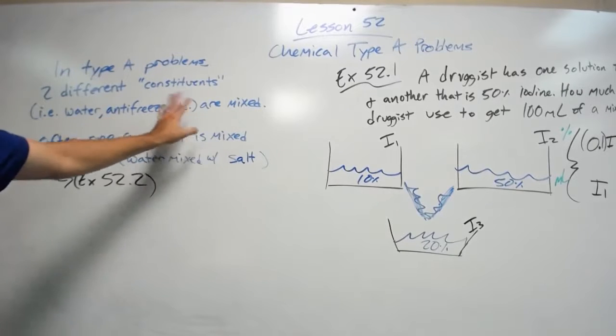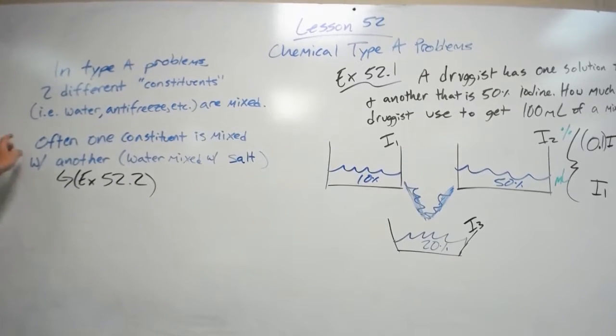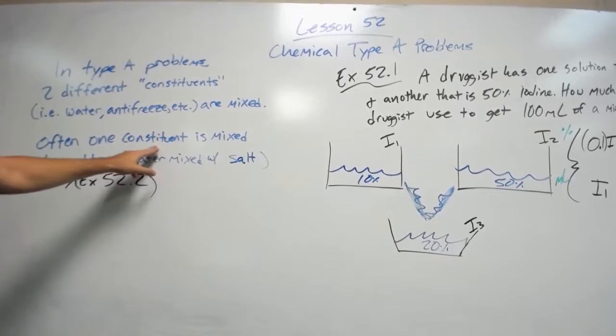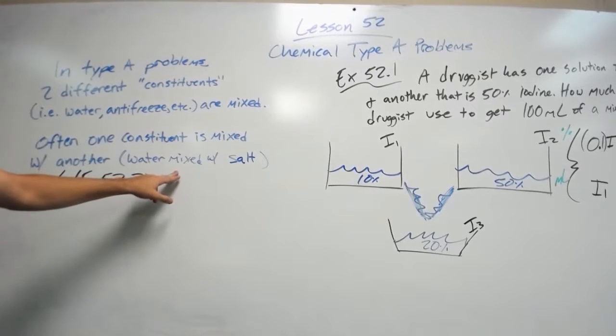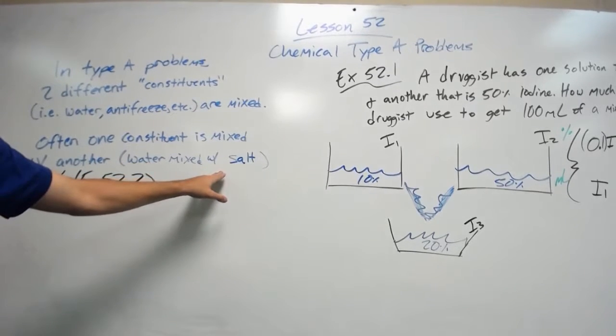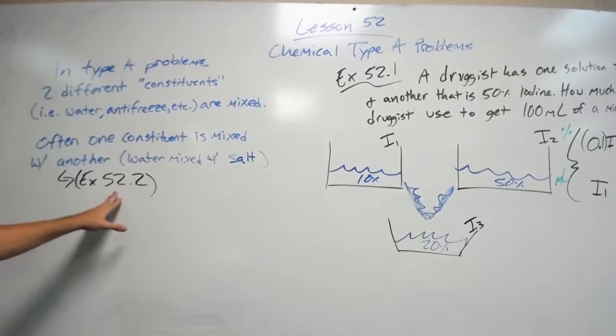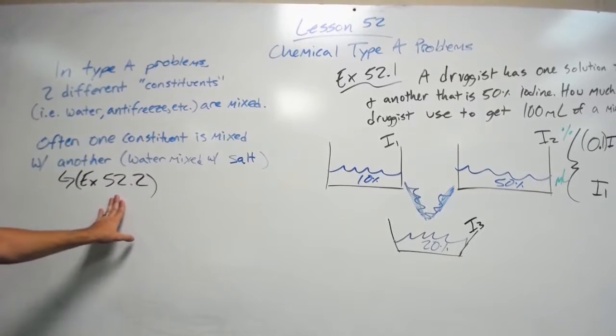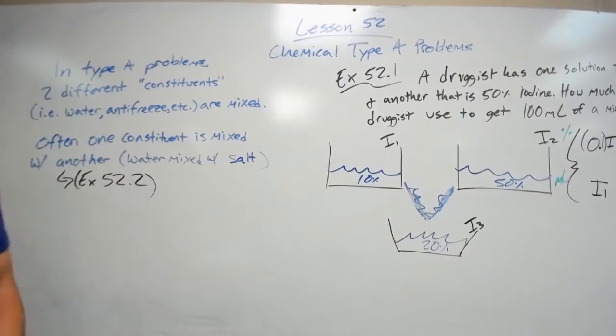In type A problems, two of those are mixed. Often one constituent is mixed with another. It may be mixed with a different one. For example, water may be mixed with salt. And we'll actually do that in the second example. But let me show you what all this means now.